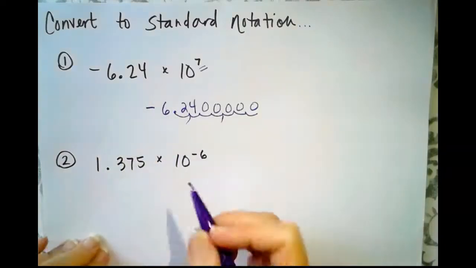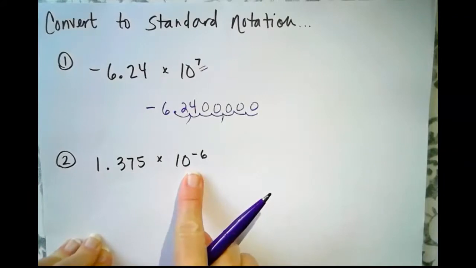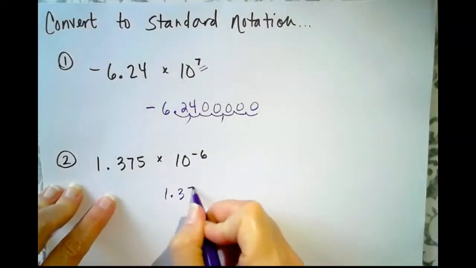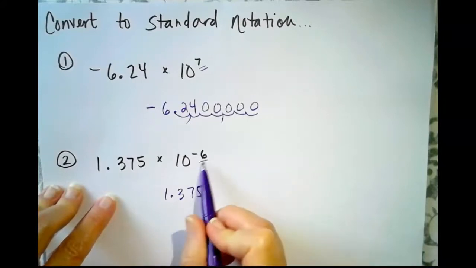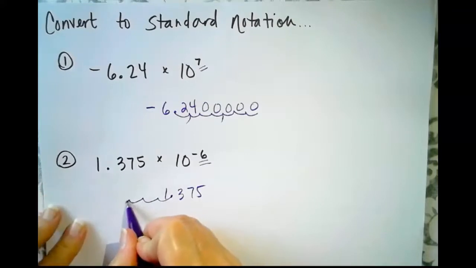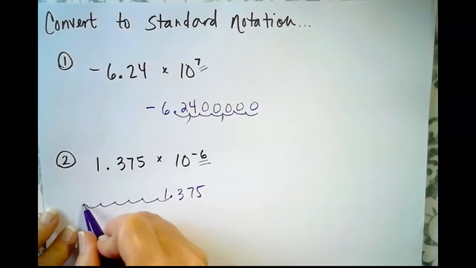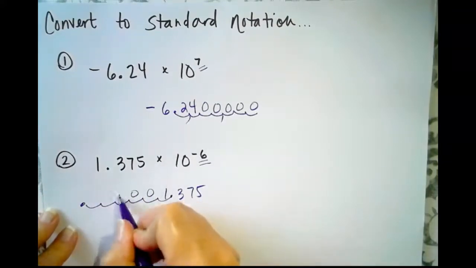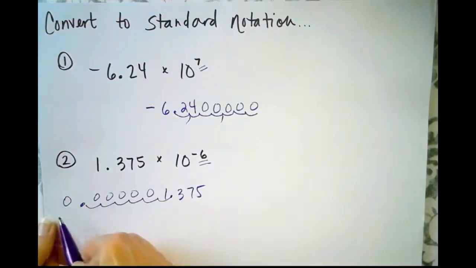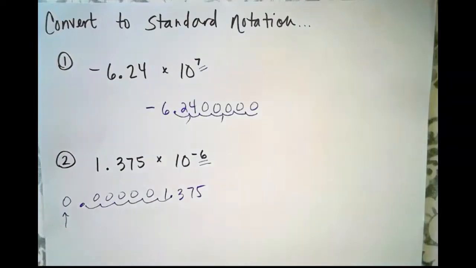Let's go in the other direction now that we are representing a very small decimal number. So 1.375, we are going to shift the decimal 6 places to the left. 1, 2, 3, 4, 5, 6. So there's the decimal. Fill in with zeros. And if you like, you can put a 0 out front, but that 0 that precedes the decimal is really unnecessary.